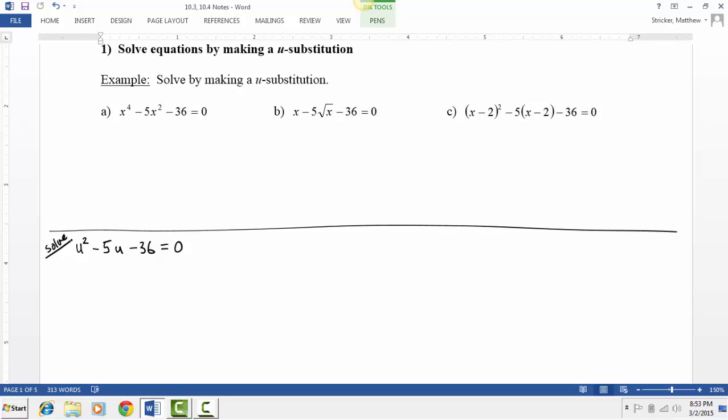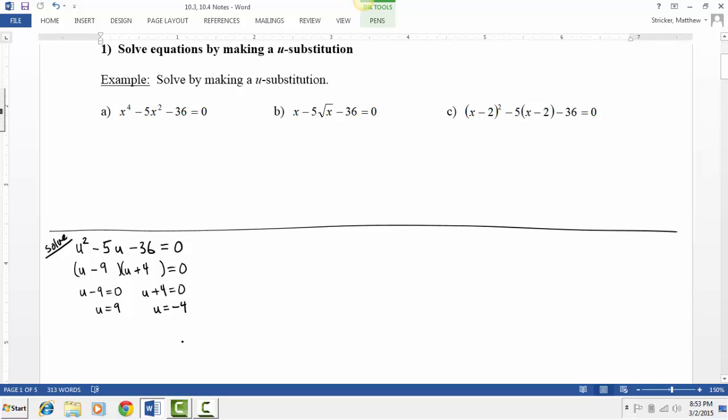Hopefully you notice though that this one is pretty easy to factor. So we could factor this to u minus 9 times u plus 4, which then means u minus 9 has to be 0 and u plus 4 has to be 0, which means u has to equal 9 or u has to equal negative 4.